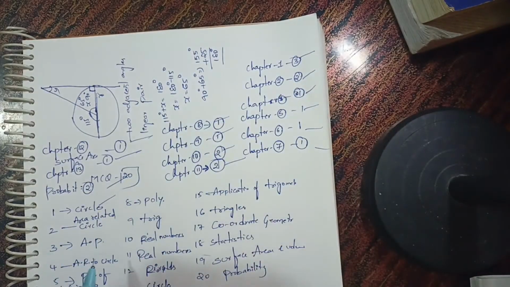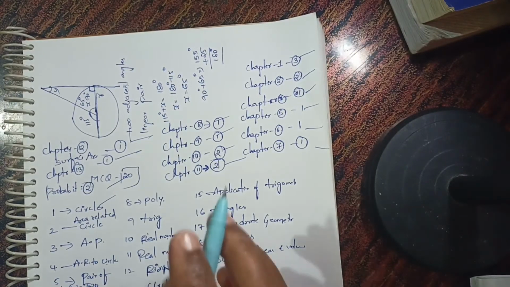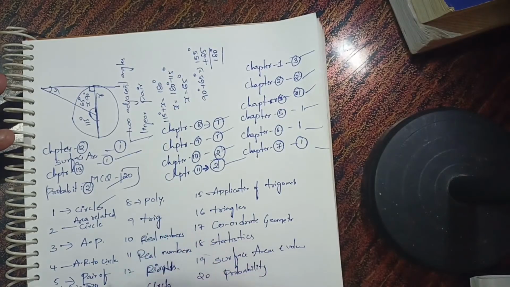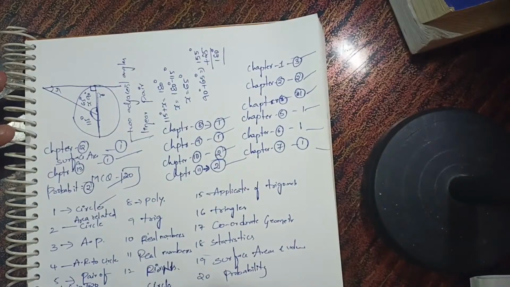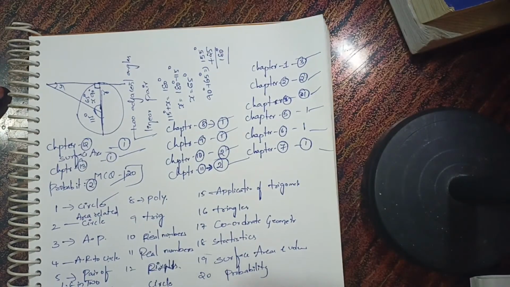Arithmetic progression, we got 1. Area related to circles, we got 2 questions. Circles 1, real numbers 2, 3, okay, 3 questions. Chapter 2, polynomials 1 and 2, okay, 2 questions. Pair of linear equations, 1 question. Chapter 4 we didn't get any question. Chapter 5 is arithmetic progression, we got 1 question. Triangles, we got 1 question.